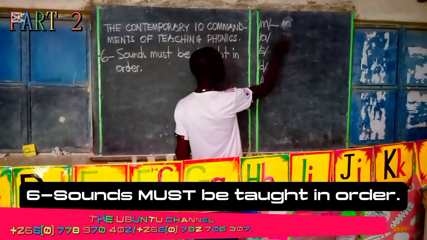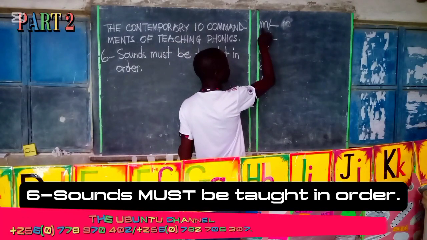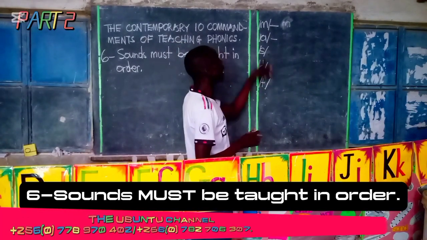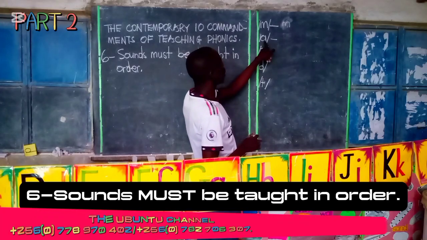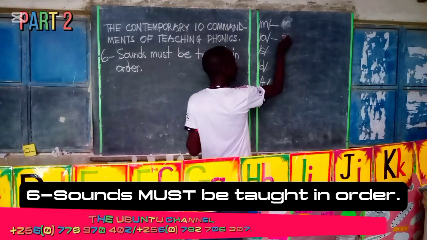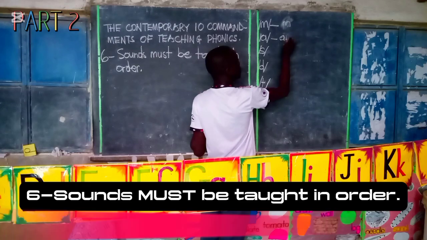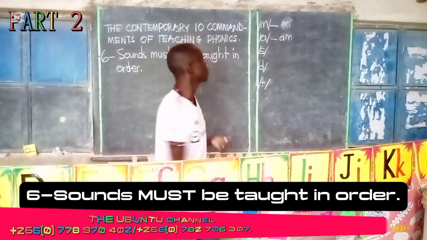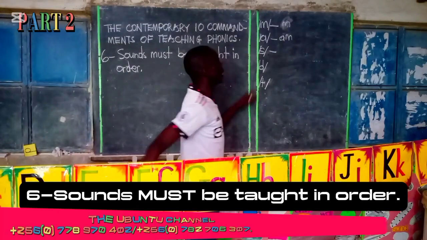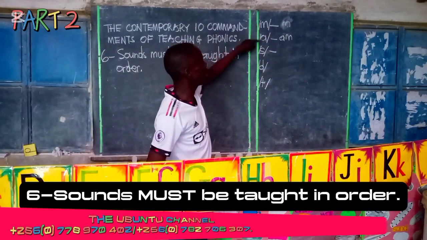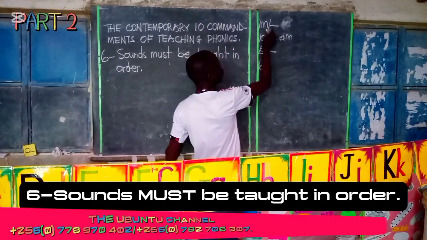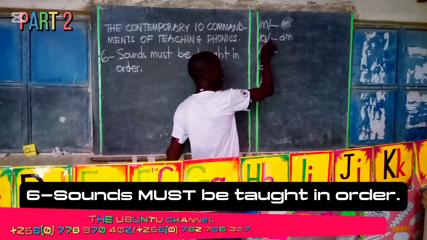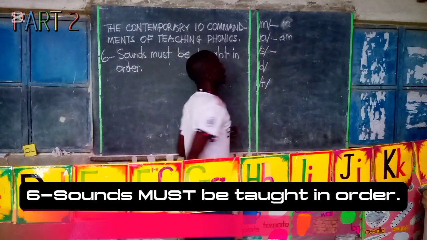Because from here, when you have taught this one, a child can now join this and this, and this one now becomes a word. When we come here again, you have taught this, this, this.